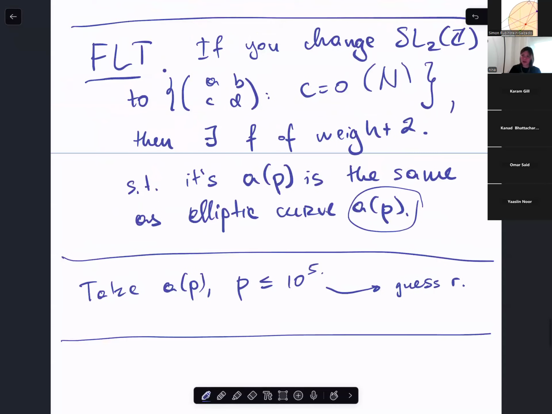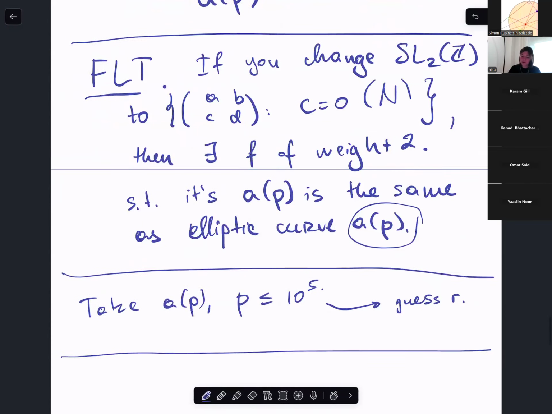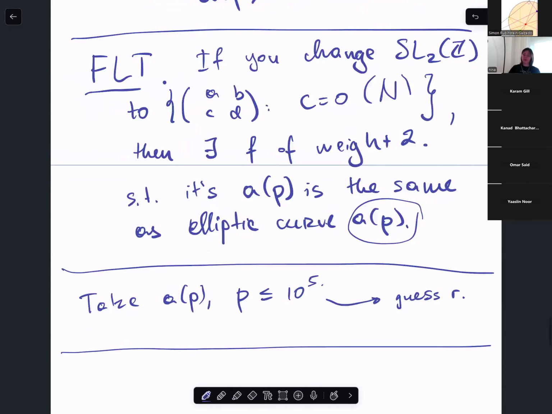But as I have told you previously, there's this very profound statement that we can understand the set of APs for elliptic curves as a thin subset of the set of APs for all modular forms.